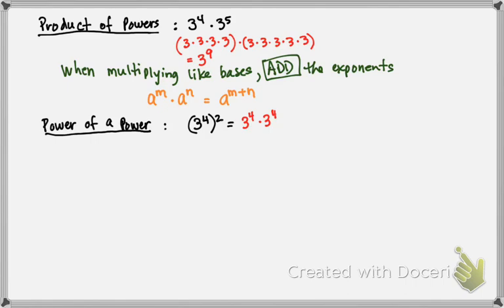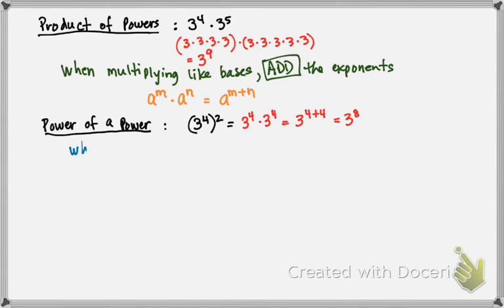That's what that exponent means. Well, according to our last one, if I'm multiplying and the bases are the same, then I write the base once, and then I would add the exponents. And that would give me 3 to the 8th power. But again, surely there must be a faster way of solving this, and the answer is yes, there is.